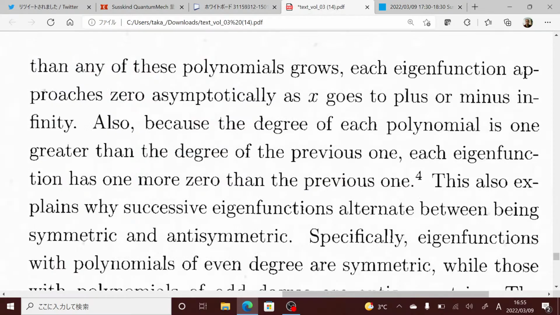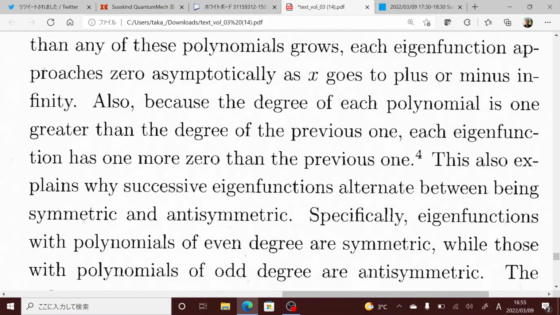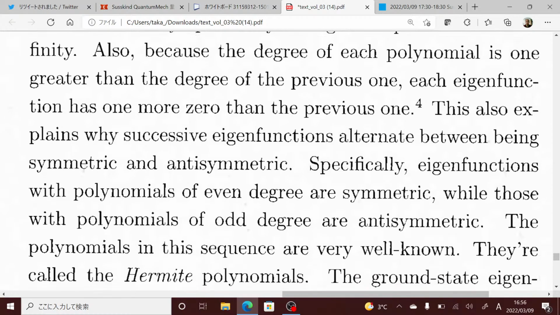So these polynomials grow, each eigenfunction approaches zero asymptotically as x goes to plus or minus infinity. Also, because the degree of each polynomial is 1 greater than the degree of the previous one, each eigenfunction has one more zero than the previous one.